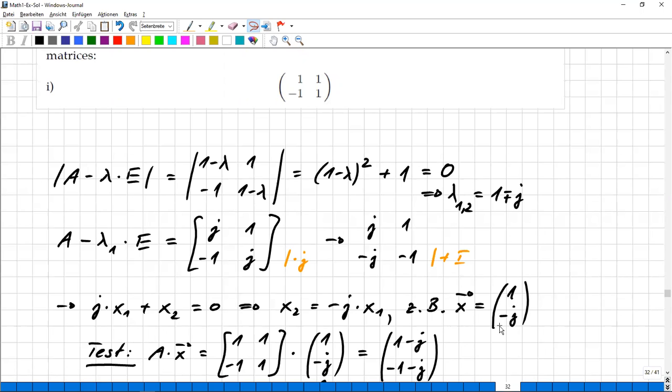But all I'm saying is just valid inside the complex calculus, the complex algebra. Okay, you know what I mean? And just for testing it.